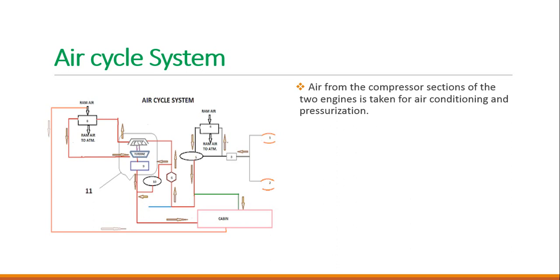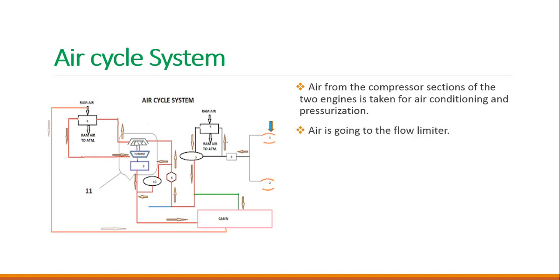It may take so much space in the aircraft itself, so it is not feasible to have such a system. So we use the bleed air from the engine compressor for the air conditioning and pressurization system. Here, part one is the engine compressor, from where the air is taken out as bleed air.